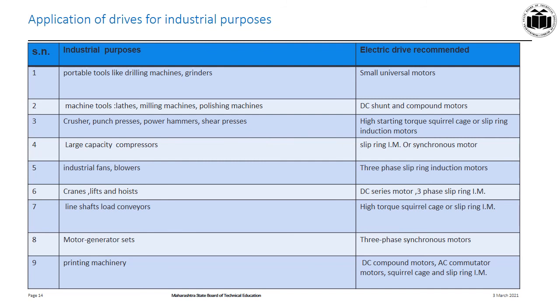In printing machinery, the DC compound motor, AC commutator motor, squirrel cage and slip ring induction motor are recommended. In industrial fans and blowers, the three-phase slip ring induction motor is recommended because it gives heavy starting torque.